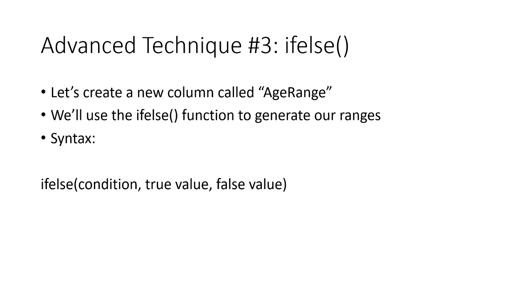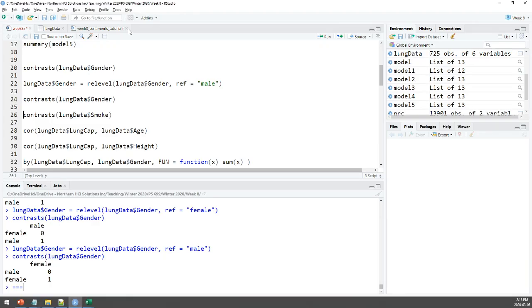And if they're between 13 and 19, they are a teenager. So let's create this new column called age range, and we're going to use if-else to create our column.